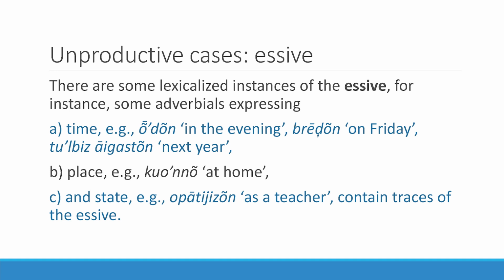And you can see that it's similar to dative, so it's n or nu. Also expressing the place, so it's guanna, at home, or also the state. So opatisen, as a teacher. So there are some traces of this essive.